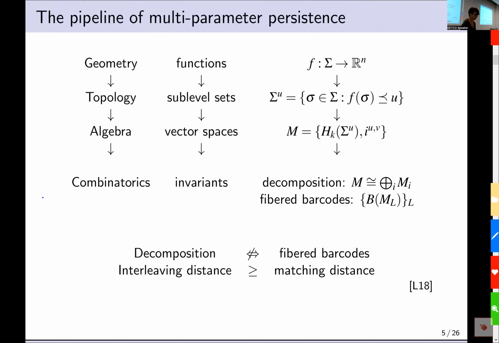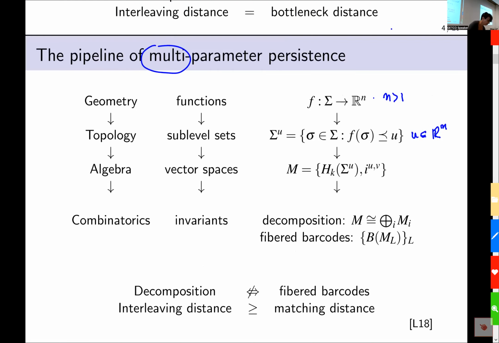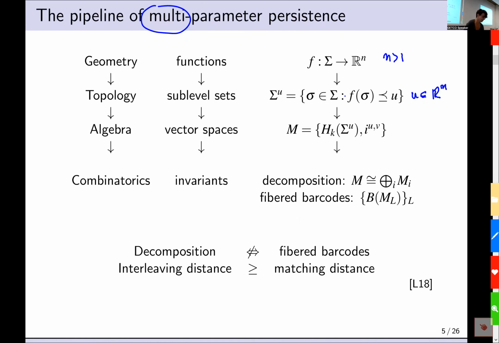In this case, when n is greater than 1, one talks about multi-parameter persistence, because we have n parameters. So the parameter u belongs to Rn, but we can still form sublevel sets, only that now the value of the function on a simplex is smaller or equal than u if it is so component by component in the usual linear order.